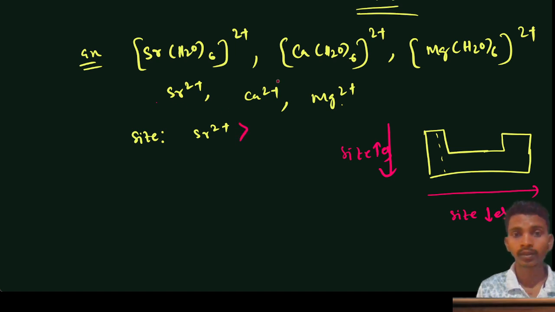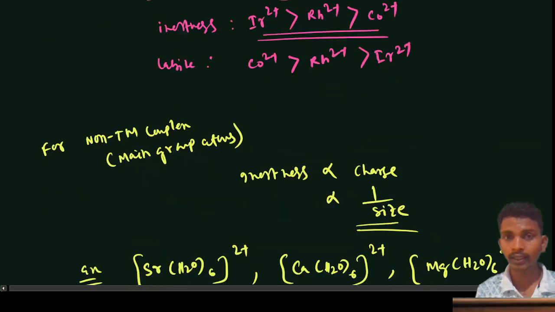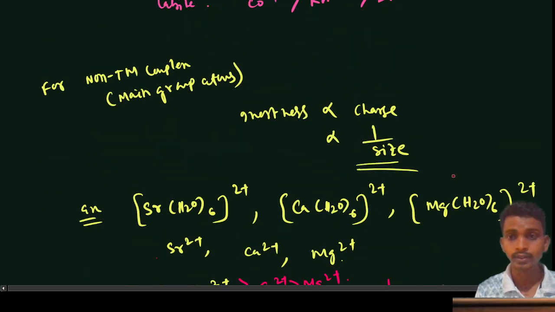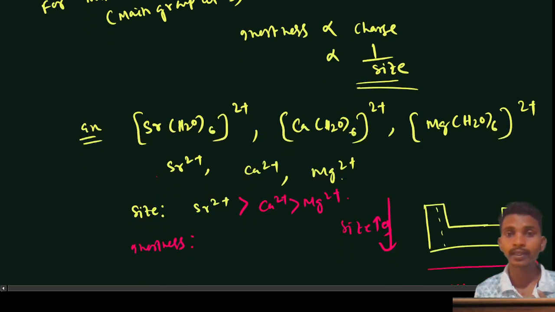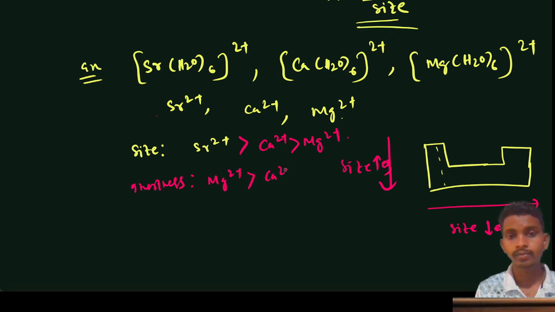Then after that calcium 2 plus will come, then magnesium 2 plus. Okay, this is the size. So inertness is indirectly proportional to size. If the size is high, then inertness is low. So inertness will be: first magnesium will come, then calcium, then sodium.